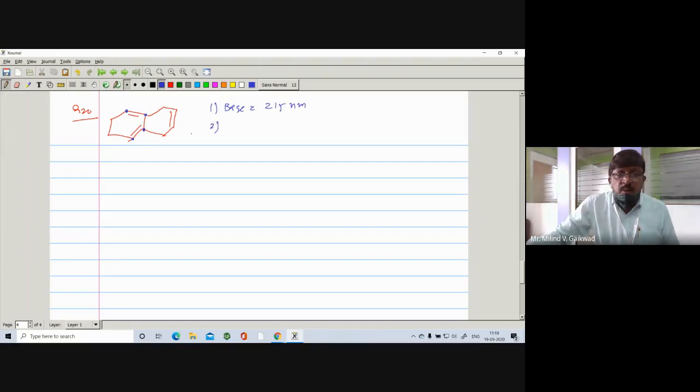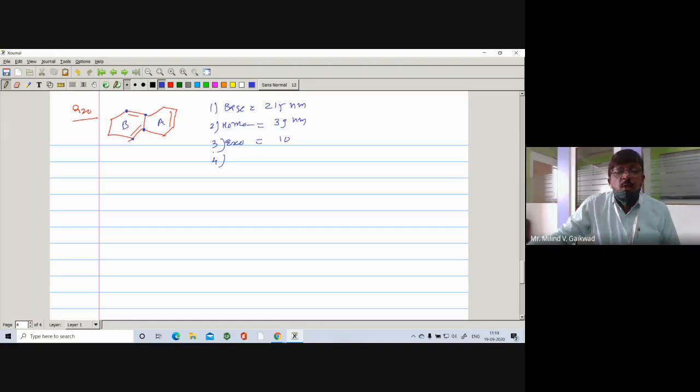And number 2, homoannular diene. Yes, the two pi bonds are present in the same ring, which means it is a homoannular diene. So for that, 39 nanometer. Then extra double bond in conjugation, no, they are not there, because only these two pi bonds are there. Then exocyclic: suppose this is ring A, ring B, there are two exocyclic carbon-carbon double bonds. So 2 into 5 is equal to 10.